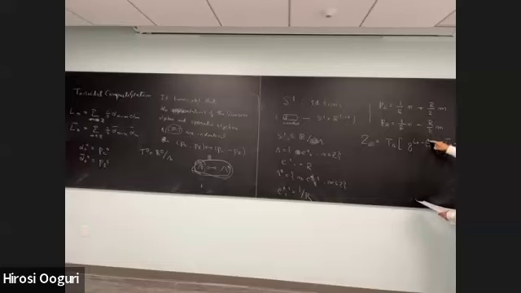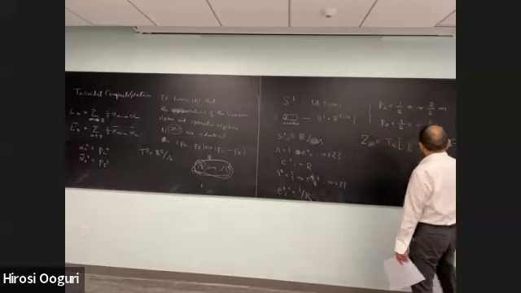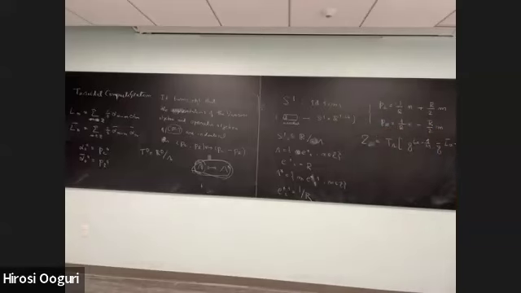Well, in general, we have the central charge over 24, and in this conformal field theory the central charge is 1, so 1 over 24, and q is e to the 2 pi i tau, where tau is the periodicity of the torus.